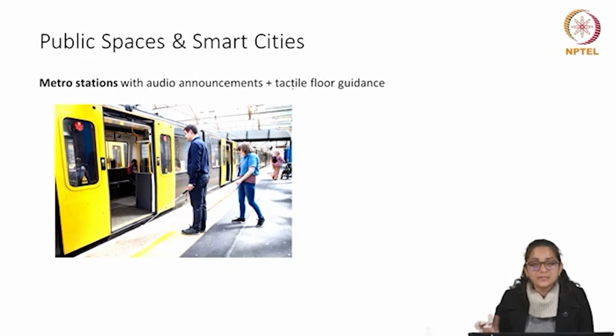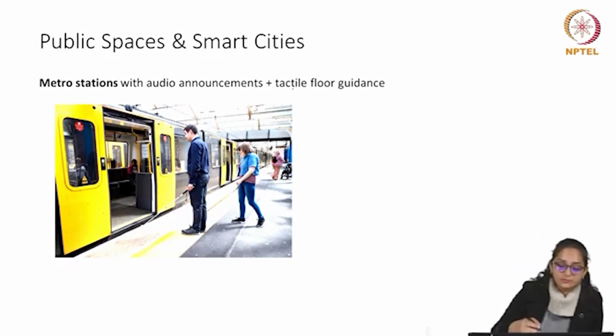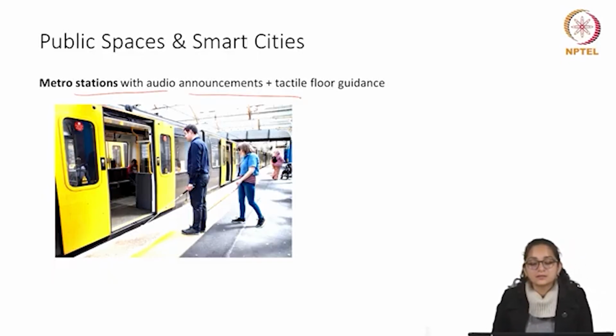Again, in public spaces and smart cities, as I said, in metro stations, we might have seen audio announcements as well as tactile floor guidance to help passengers navigate through the space and reach the respective doors.